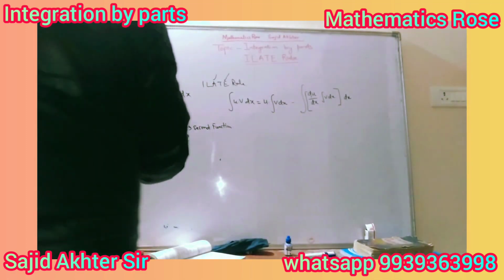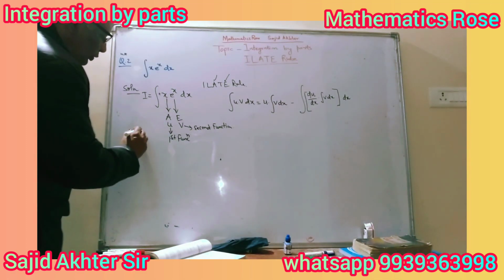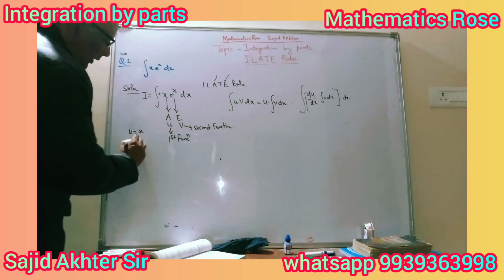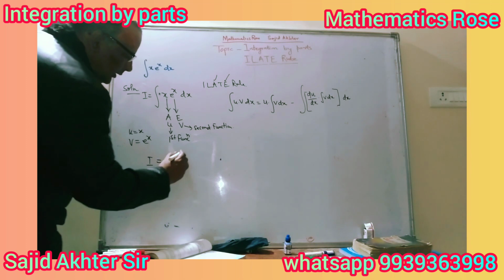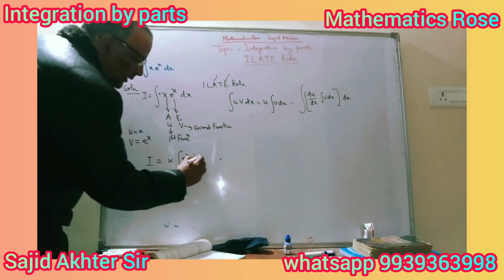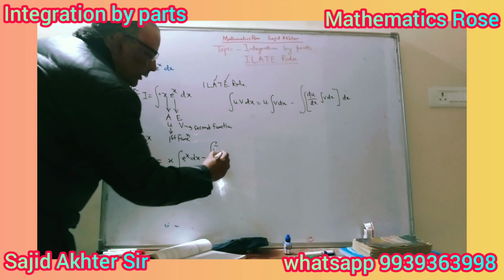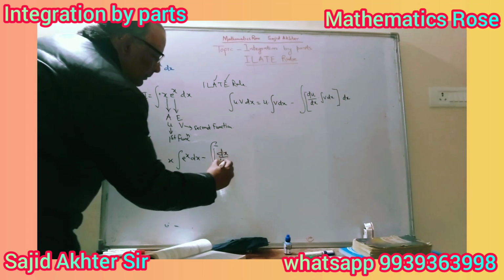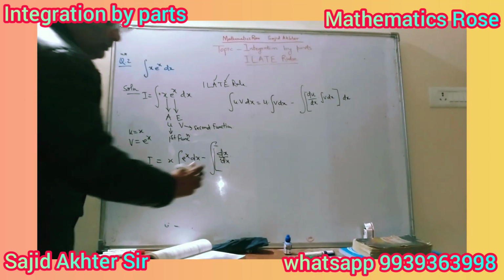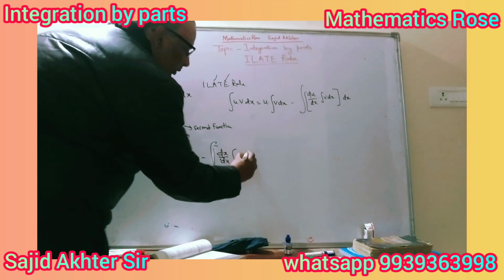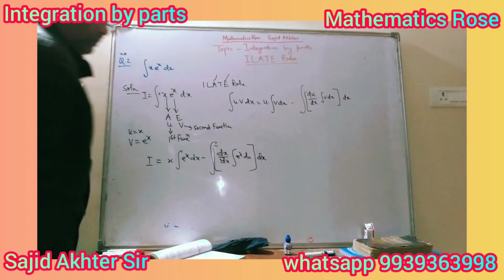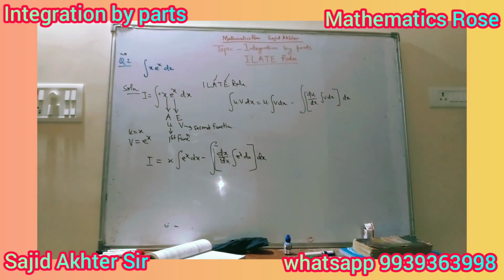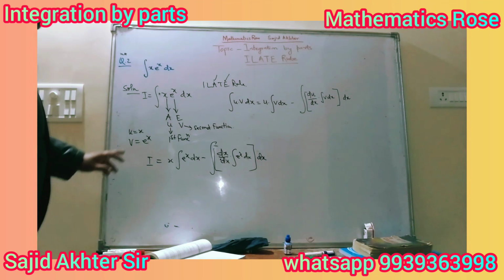So here, in place of u it is x, and in place of v it is e to the power x. So I is equal to x times the integration of e to the power x dx minus the differentiation of x, because it is u, and the integration of e to the power x dx, and their product will be integrated further. So both will be kept inside the bracket. In the formula you will have to substitute the values of u and v.